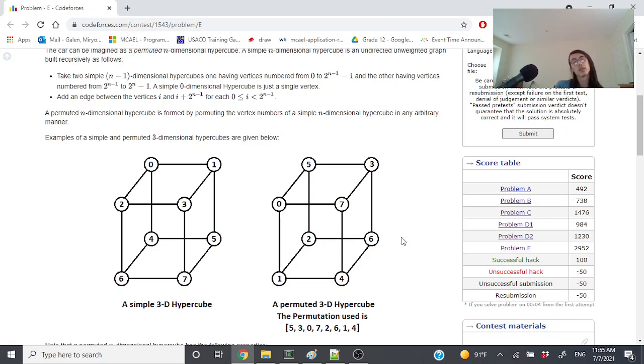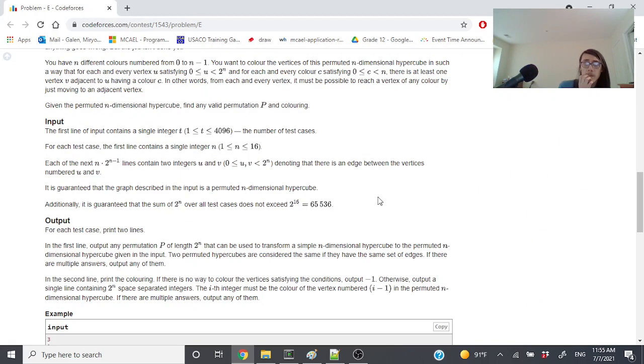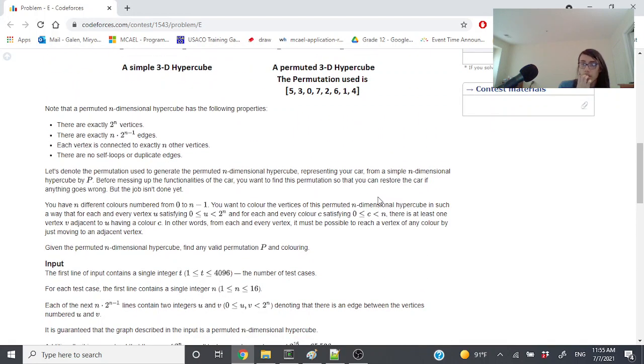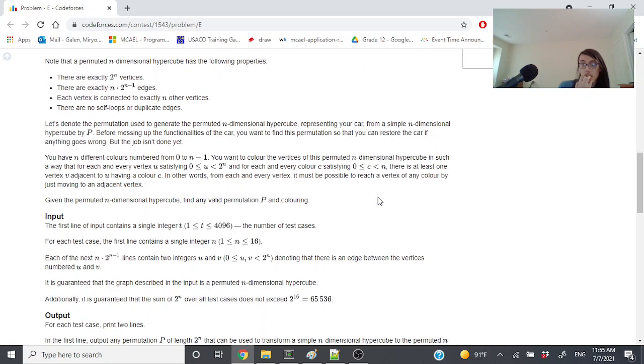Oh, okay. Oh god. Okay, so every vertex has the same degree. Every vertex has degree n, right? Yeah, every vertex has degree n.